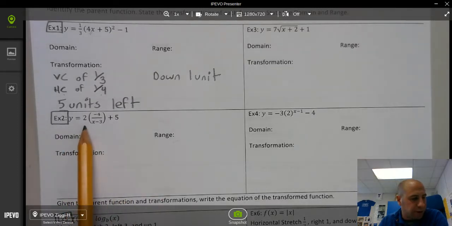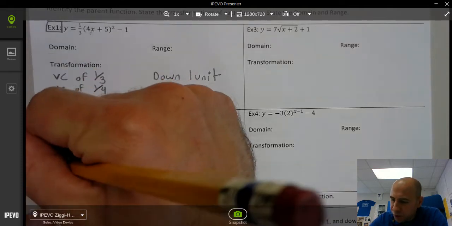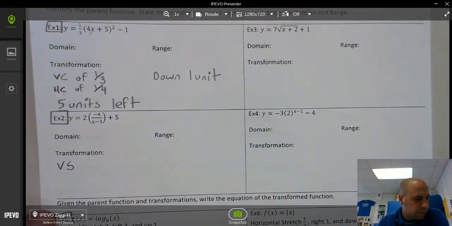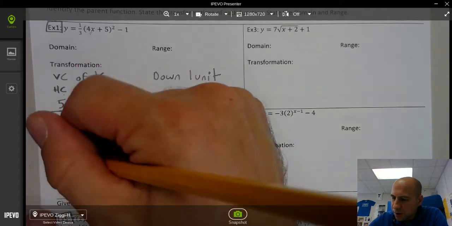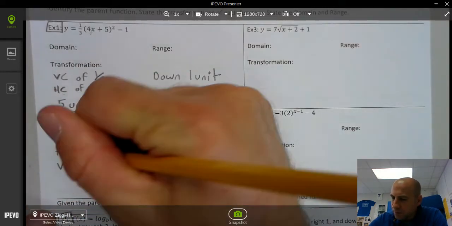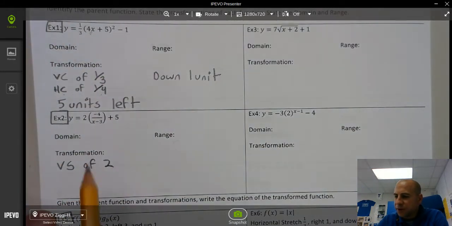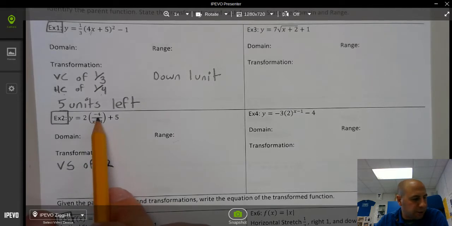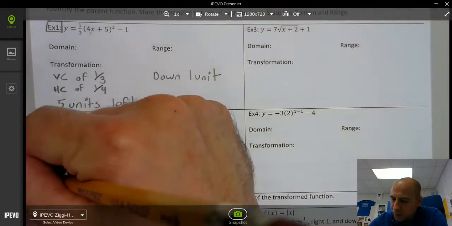Transformation. So the 2, that's the a value, is greater than 1, so it's a vertical stretch of 2. Now let's look at the negative first. The negative's inside the parentheses, so that reflects over the y-axis.